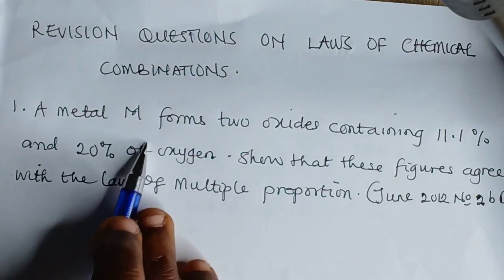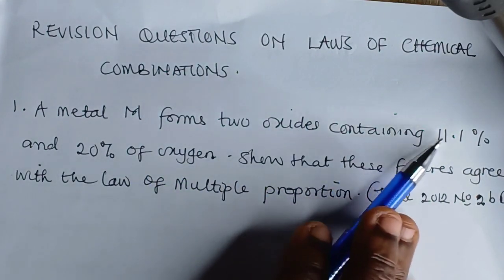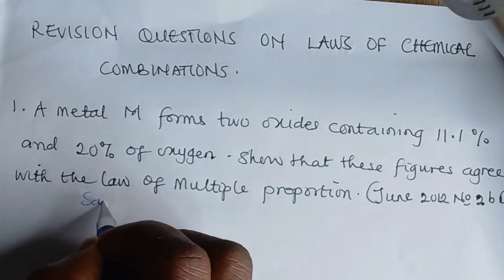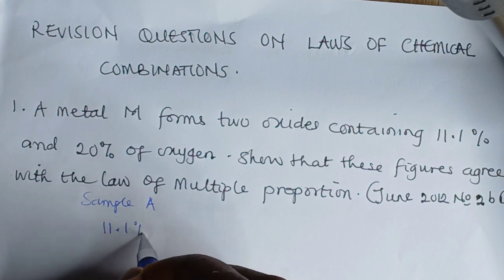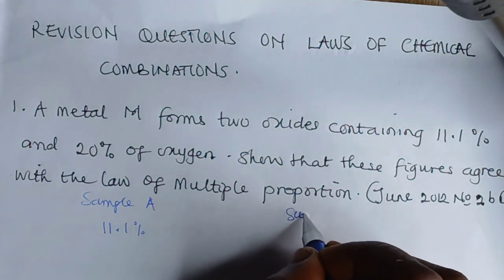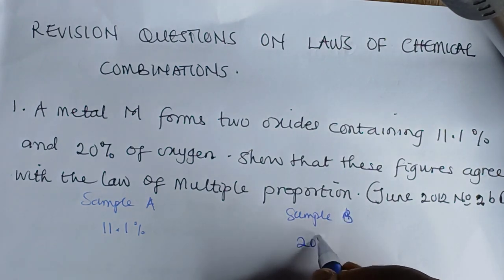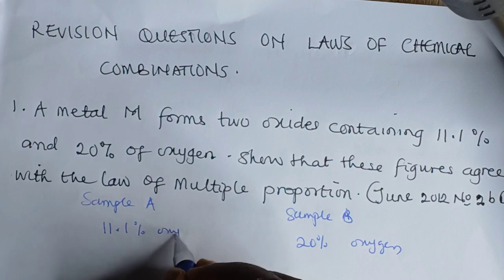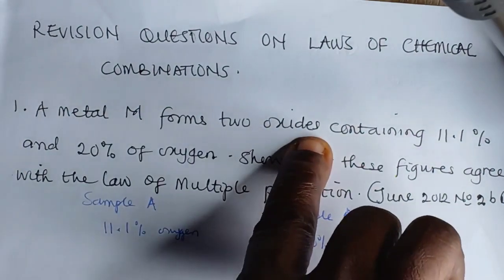Now from this question, a metal M forms 2 different oxides containing 11.1 and 20% of oxygen. That is, the first sample contains 11.1%, and the second sample, sample B, contains 20% of oxygen. If the metal combined with oxygen, you have metallic oxide.